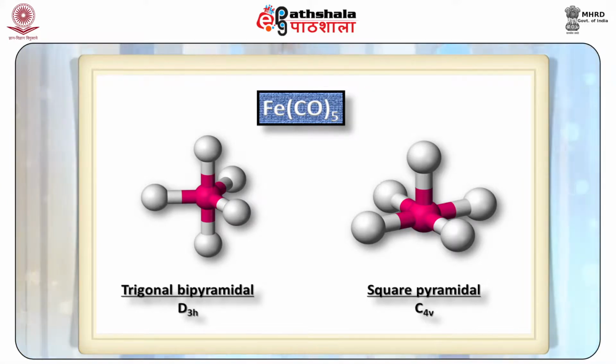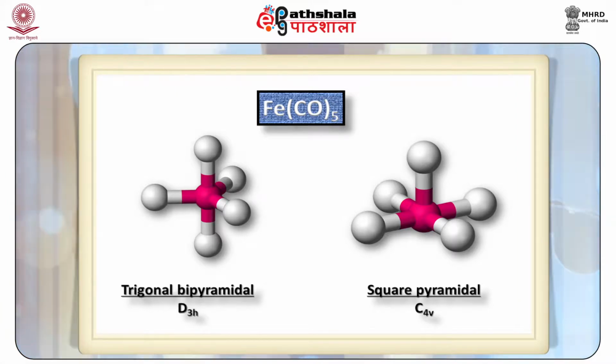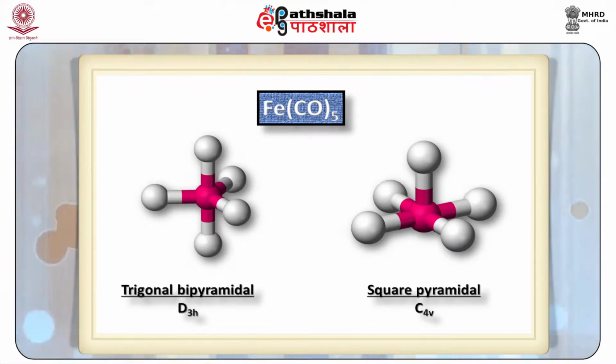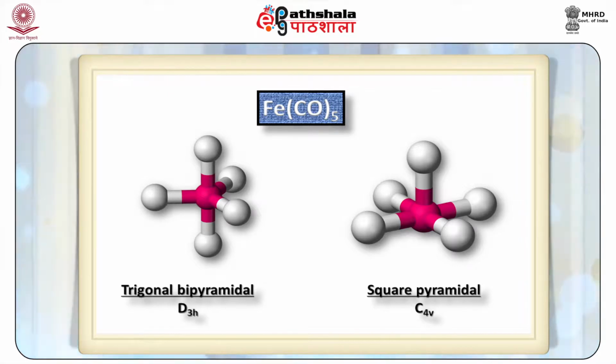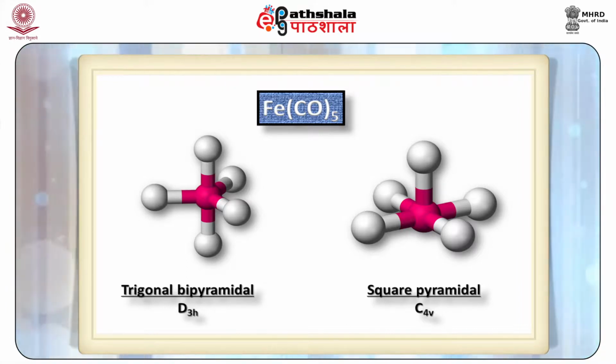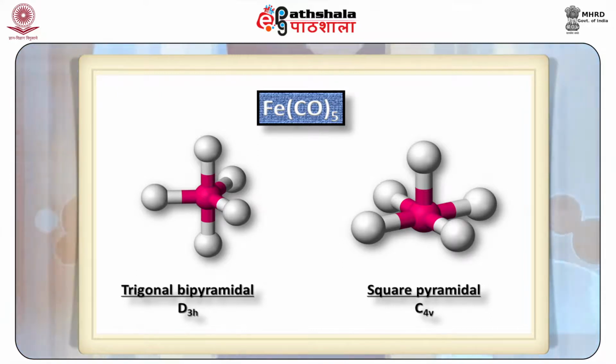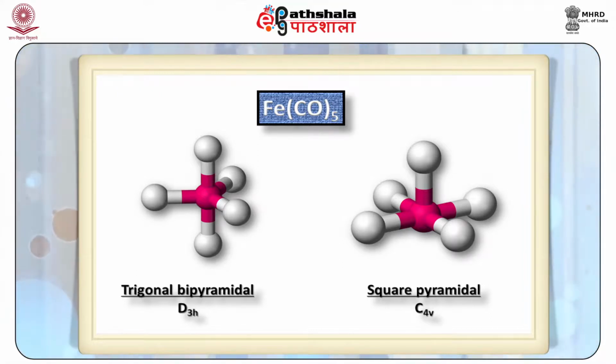This is one geometry. Another possible geometry is like this, 4 CO on the base and one on top. So I have two possible geometries for this molecule: TBP, which has D3h symmetry, and square pyramidal geometry, which has C4v symmetry.